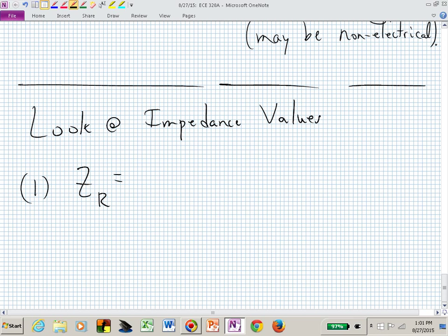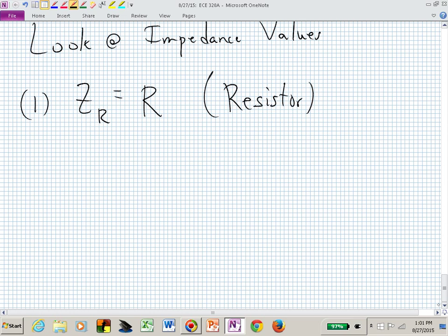What are we going to use for the impedance of a resistor? Just R. What do we know if we have a real impedance? What do we know about the relationship between the angle of the current and the angle of the voltage, or the current and voltage phases?